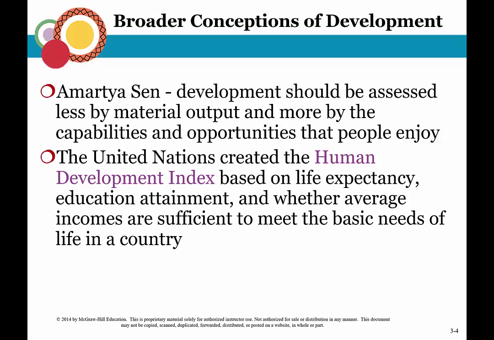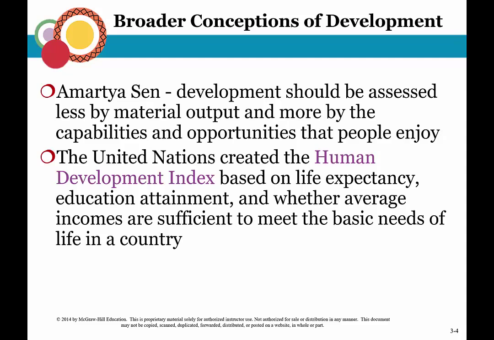So the philosophy espoused by Sen is that instead of measuring what they're doing now, let's measure what they could be doing in the future, their potential. And we know that potential is really based on how educated the individuals in the country are, and how they are living their lives in terms of being able to meet their basic needs.